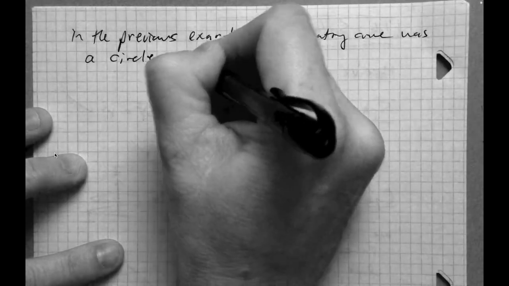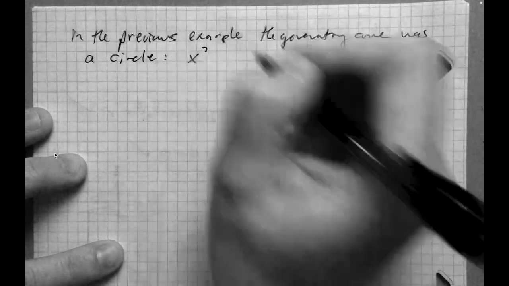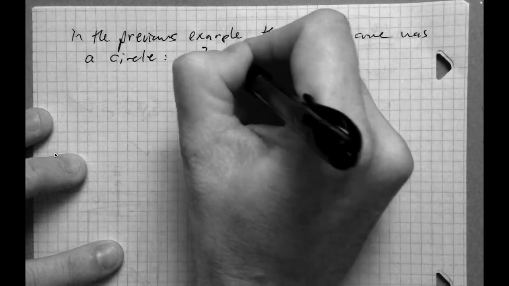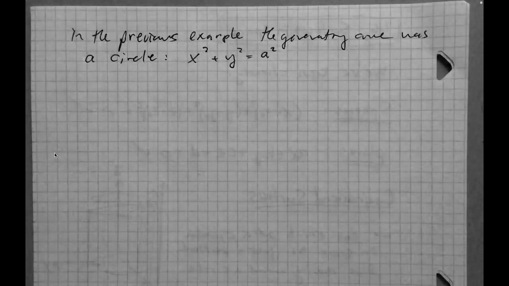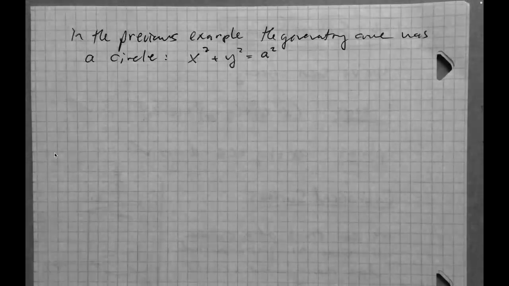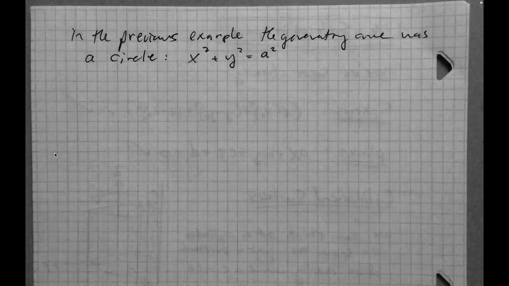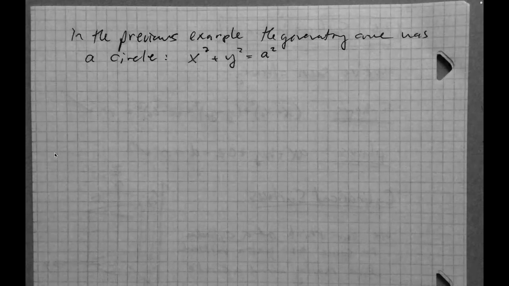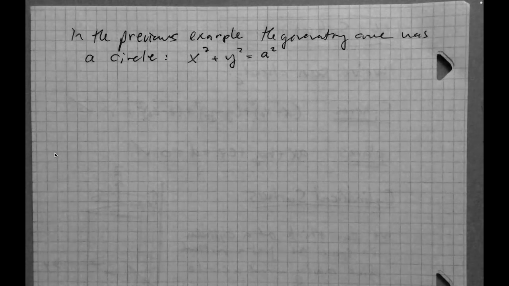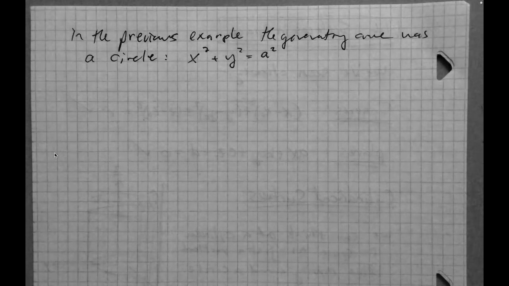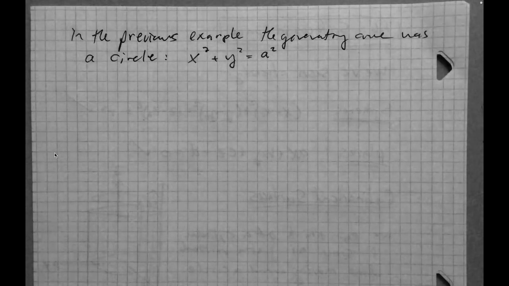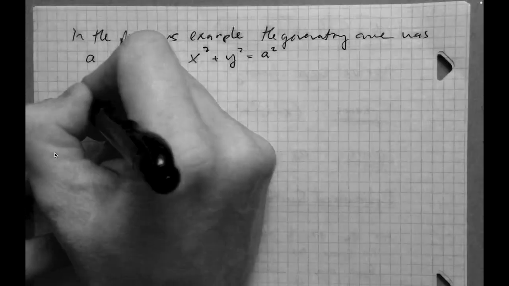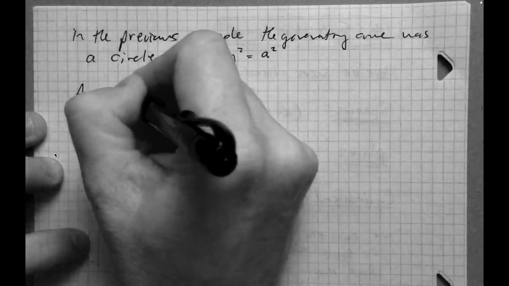And the equation there is x squared plus y squared equals a squared, where a is the radius of the circle. So to generate a cylinder, one thing to note is that any one of the rulings can be found by fixing x and y and letting z vary.